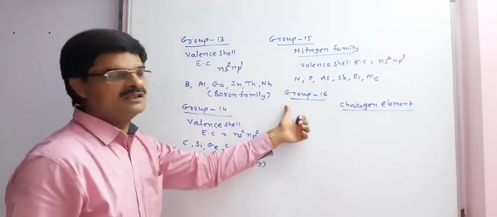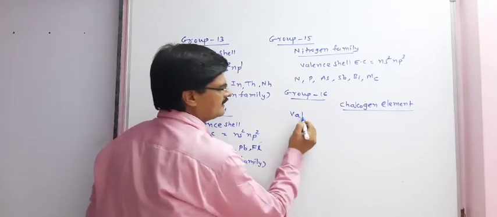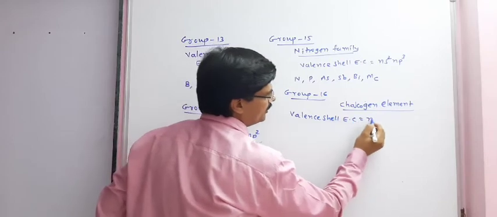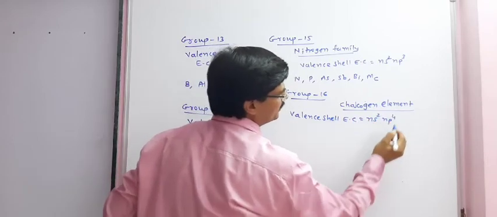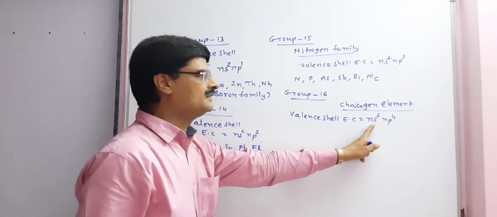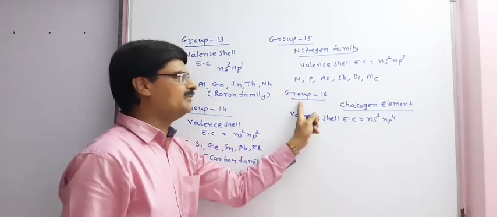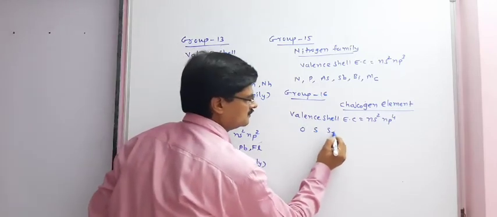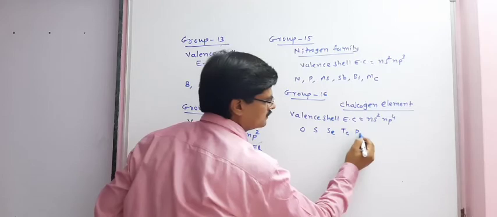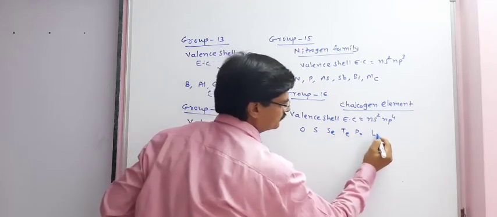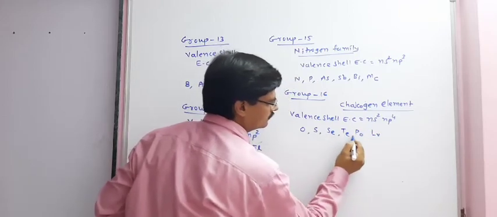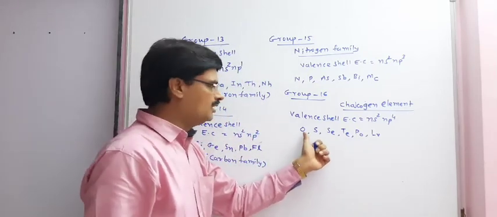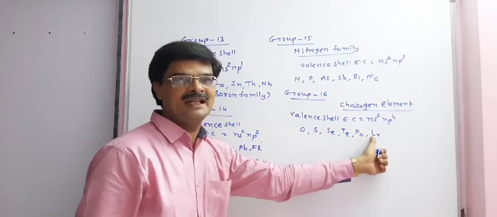And the elements present in group number 16 have valence shell electronic configuration ns2 np4, meaning 6 electrons are present in the valence shell of elements present in group number 16, and the symbols of elements present in group number 16 are O, S, Se, Te, Po and Lv.